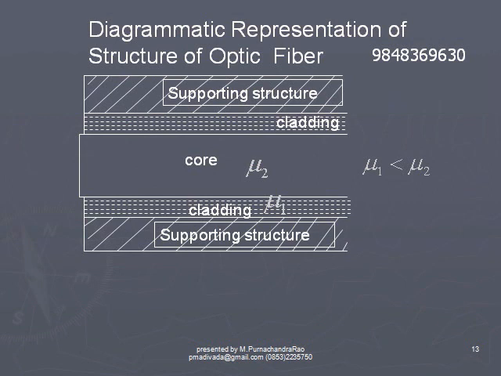A light ray incident at an angle I, known as the launching angle, gets refracted into the core. Since the refractive index of the core is large, it gets refracted towards the normal and travels in the core, and it is incident at the surface of separation of core and cladding.